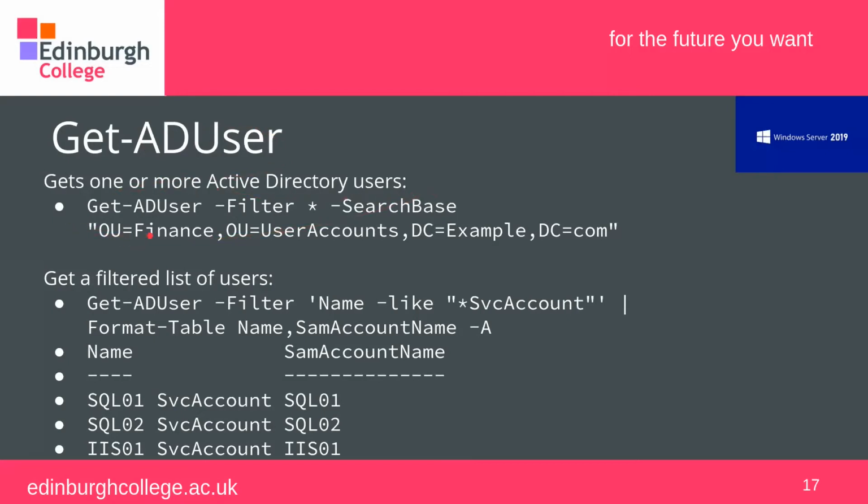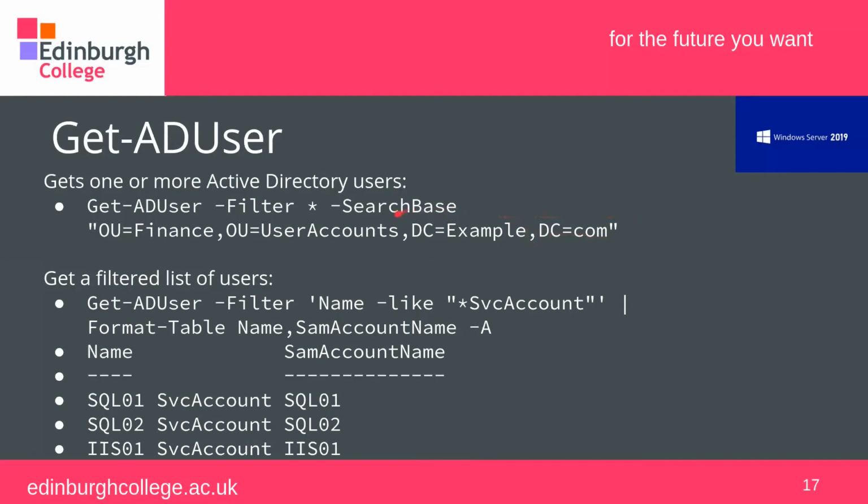And obviously we can add various flags onto this, Get-ADUser, filter, and we can give organizational units, and we can give the domain. Now, just a little caveat of Windows, when we're writing out a domain, every time there's a dot, we have to put comma DC equals.